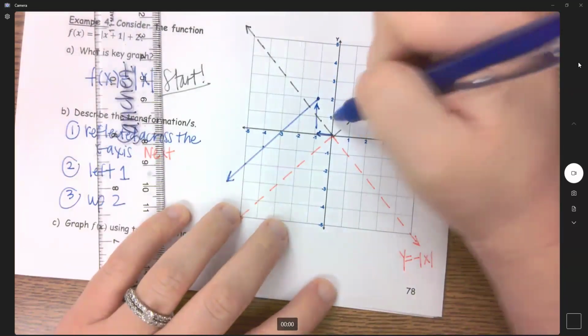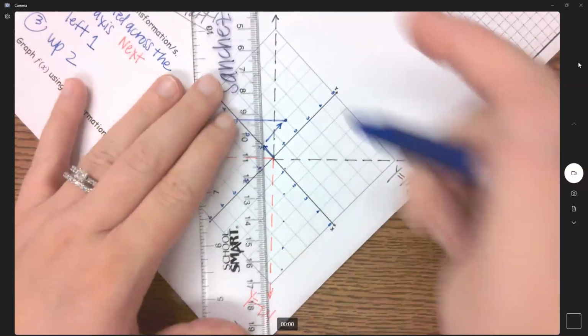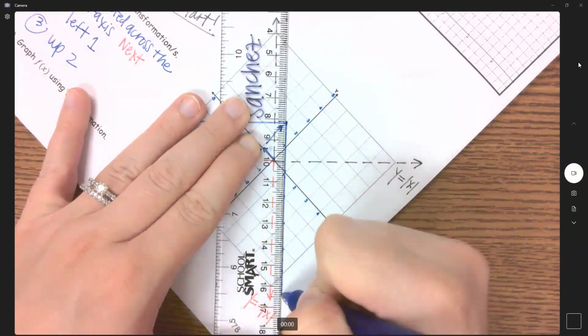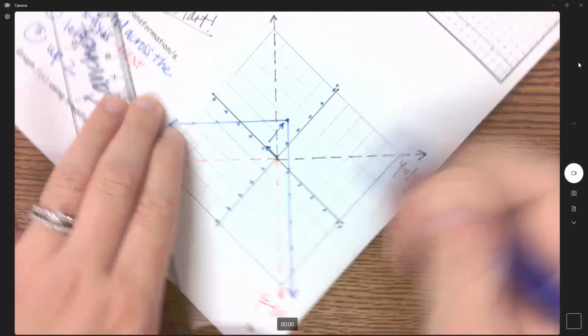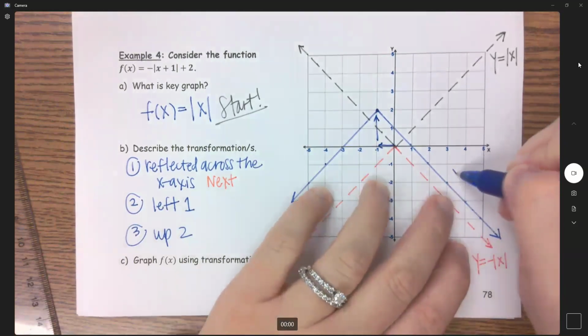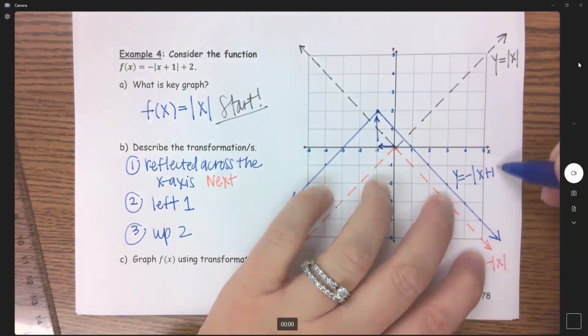And then diagonal right there. And so now that is my graph of y equals the negative absolute value of x plus 1, plus 2.